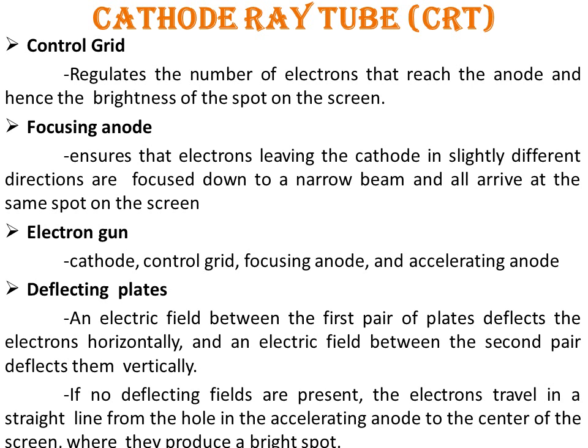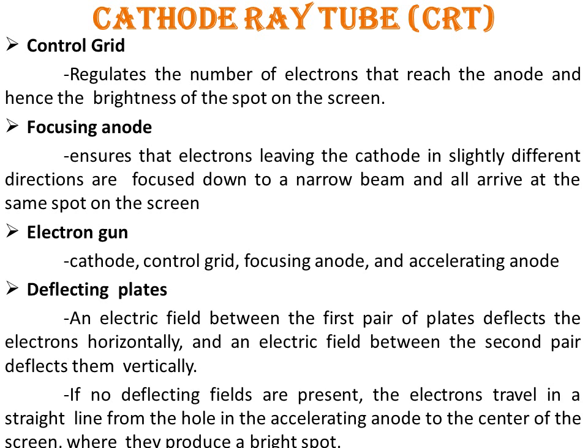The vertical deflecting plates and the horizontal deflecting plates will deflect the beam in order to produce the bright spot with respect to the input waveform. An electric field between the first pair of plates deflects the electrons horizontally, and an electric field between the second pair deflects them vertically.